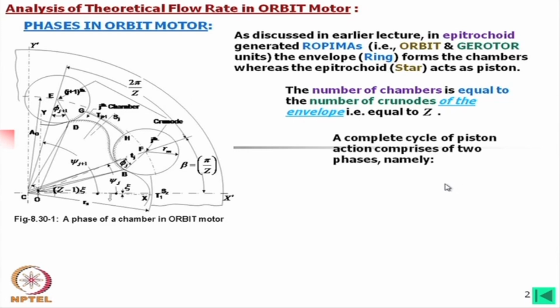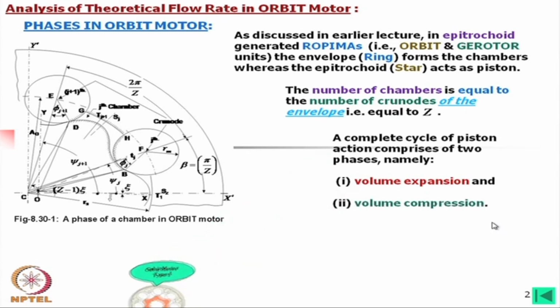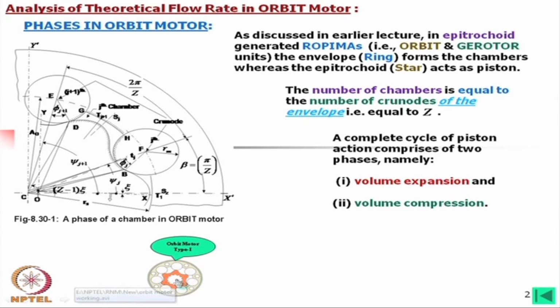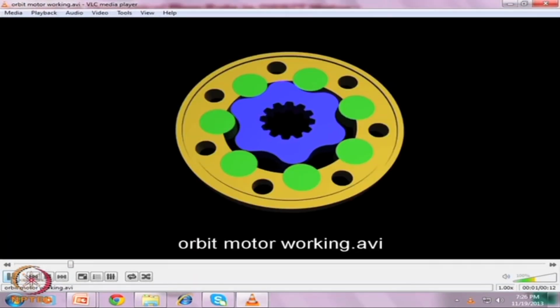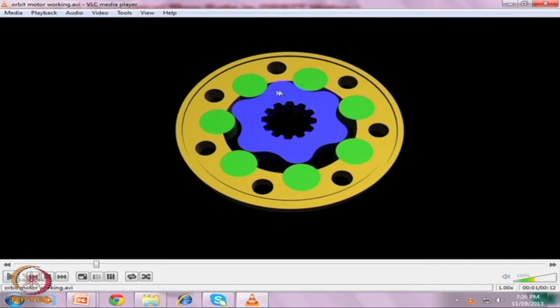A complete cycle of piston action comprises 2 phases, namely volume expansion and volume compression. Let us look into this. This is the star and this is the ring.